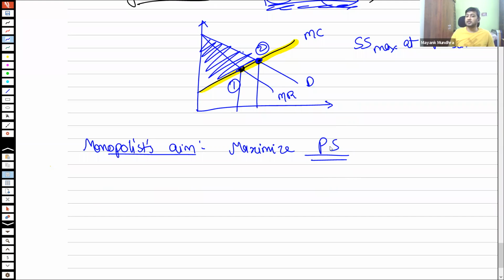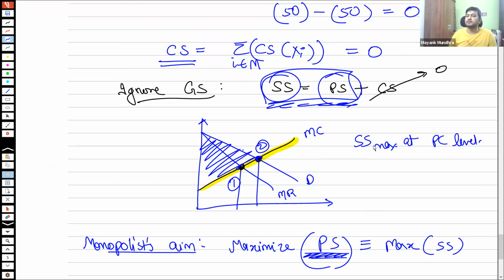So in first degree price discrimination, the quantity which maximizes producer surplus is the same that maximizes social surplus, because the consumer surplus is entirely rendered zero. So he will in fact produce a quantity equal to the competitive level of quantity.